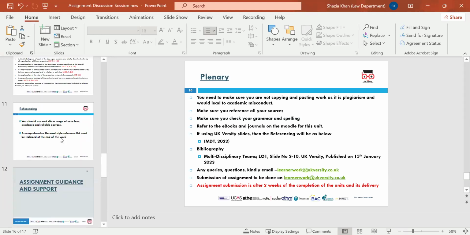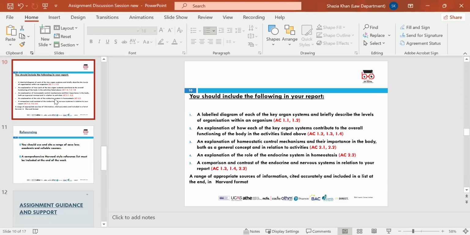If you have any questions about your assignment, look at the ones in red. They will tell you that it's learning outcome 1, 1.1, 1.2. The ones in red in number 3 are 2.1, learning outcome 2, and 2.2.